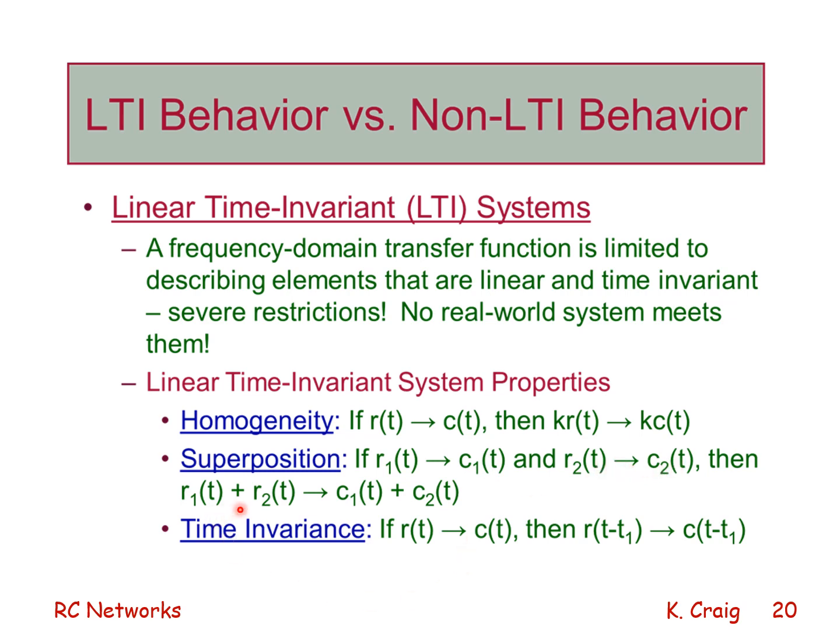Both inputs at the same time, both outputs added together is the total output for my system. Time invariance. If I apply an input at time t, I get an output at time t. If I apply an input at some later time, t minus t1, the input then appears at time t minus t1. Time invariance.